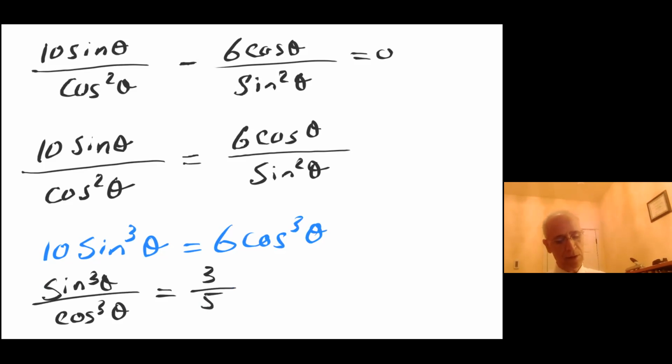Sine over cosine is tangent, so tangent cubed of theta equals 3/5, and tangent of theta equals the cube root of 3/5.